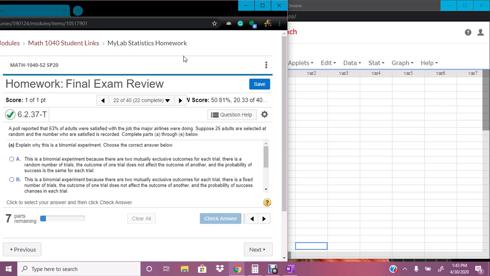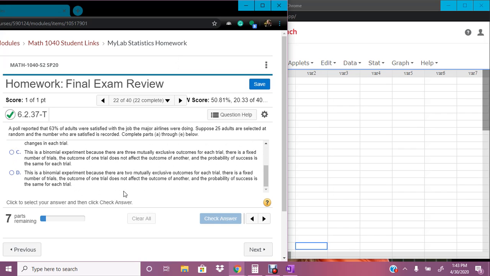So bi means two, and so there's going to be two mutually exclusive outcomes for each trial. There will be a set or a fixed number of trials. The trials are independent of each other. They do not affect one another. And the probability of success is the same for each trial.